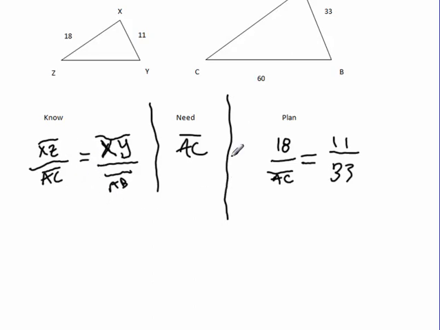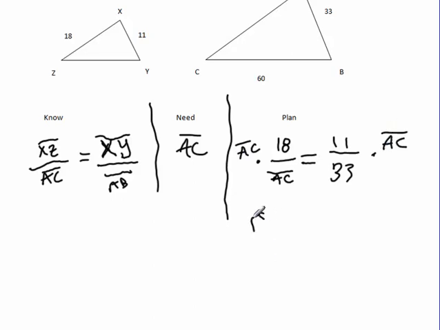What do I know? What do I need? Here's my plan: let's treat AC like a variable. I'm going to multiply both sides by AC.